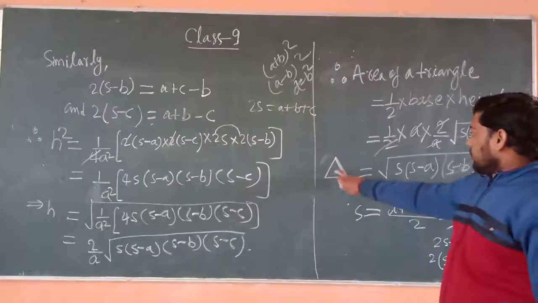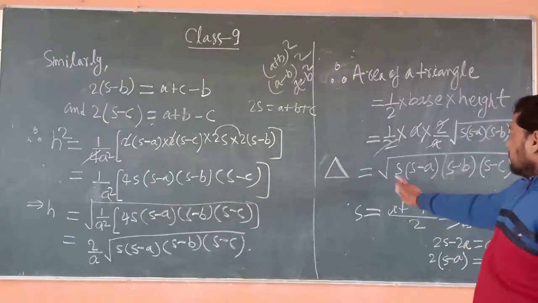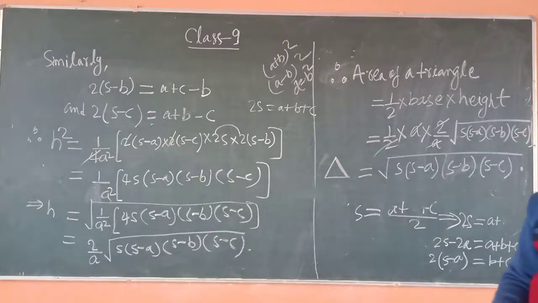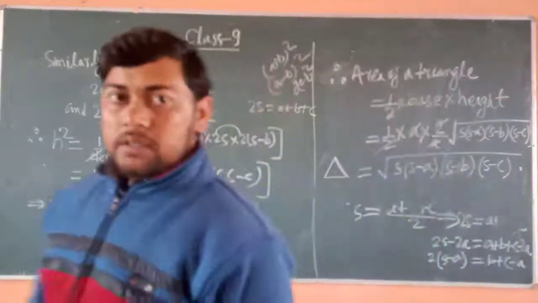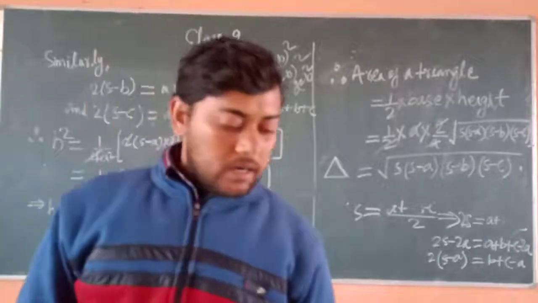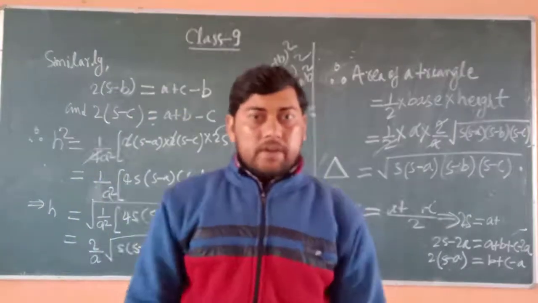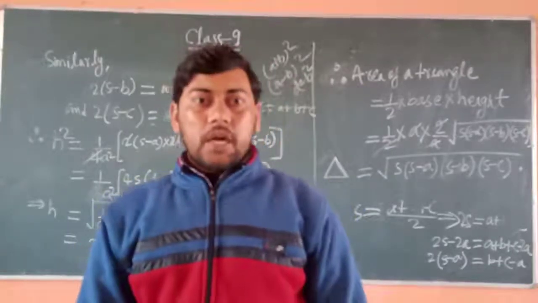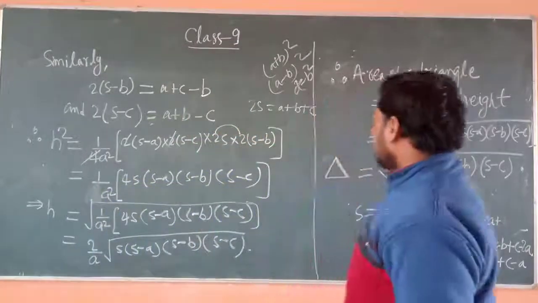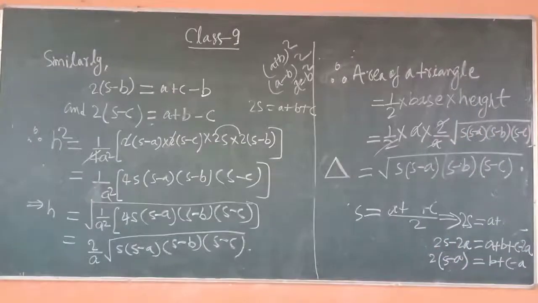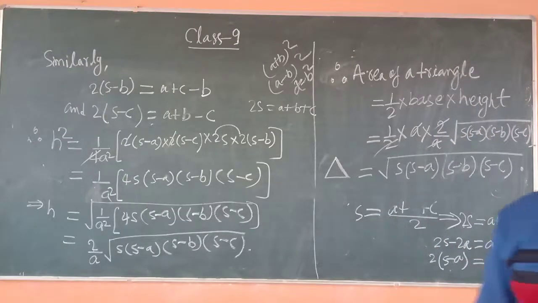This symbol delta is equal to under root s into (s minus a) into (s minus b) into (s minus c). If it is impossible to find the height and the lengths of all sides are given of a triangle, then we can use Heron's formula to find the area of a triangle. So thank you for watching.